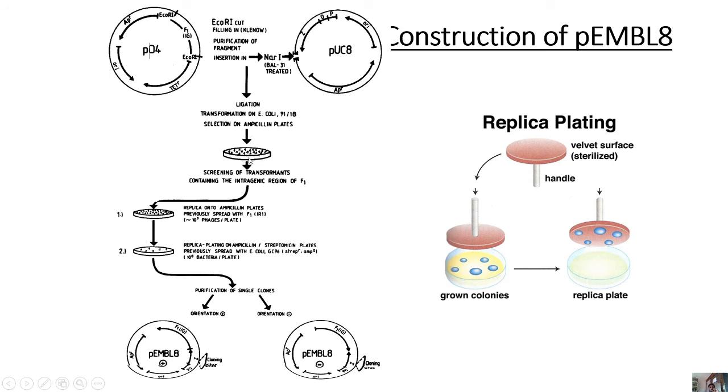So this is a plate with a medium having ampicillin. So the colonies are developed in the plate, all of them having ampicillin resistance capabilities. Ampicillin resistant means those having pUC8 with this fragment in one orientation and also in the opposite orientation. pUC8 vector that doesn't have any insert also can be grown in this medium.